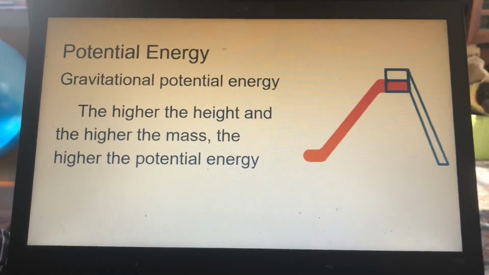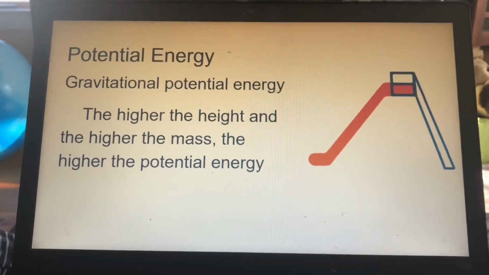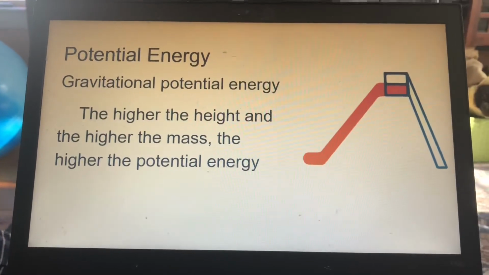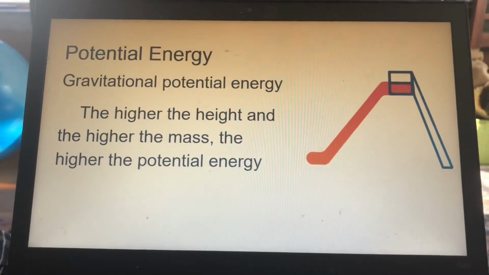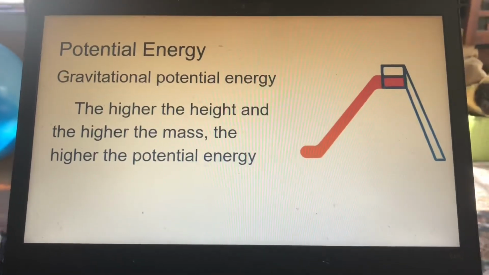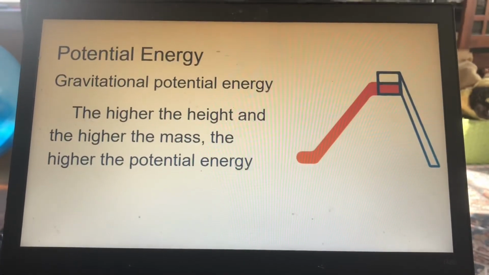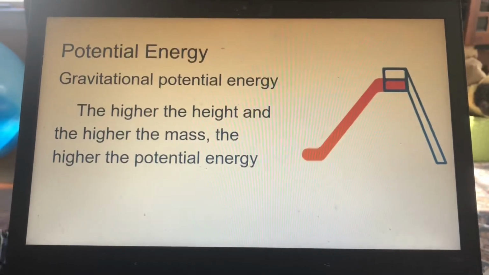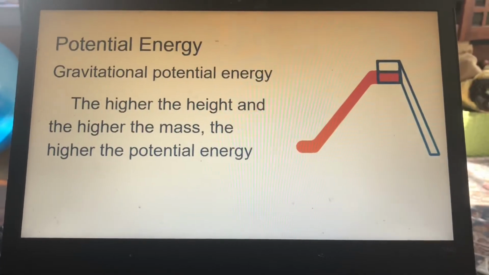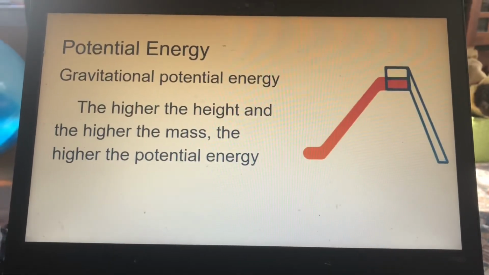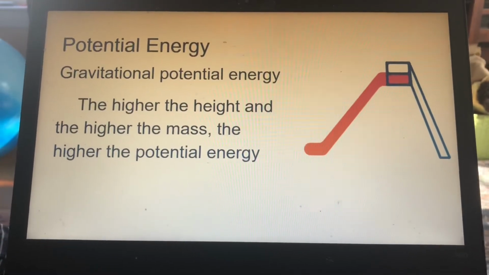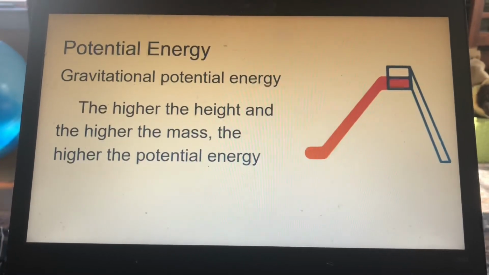So the higher the height and the higher the mass, the higher the potential energy. So the further up you go, the more gravitational potential energy you have, because the higher you are, the faster you'll get going when you go down, and that's kinetic energy. So these two things, kinetic energy and potential energy, are very related to each other.